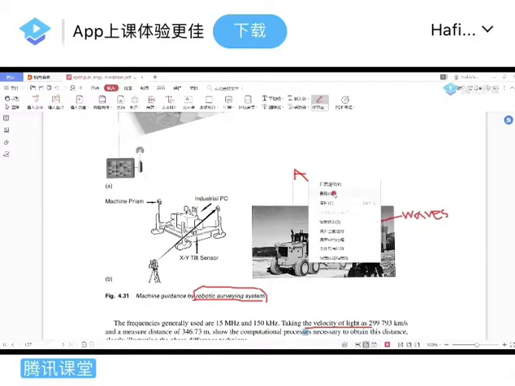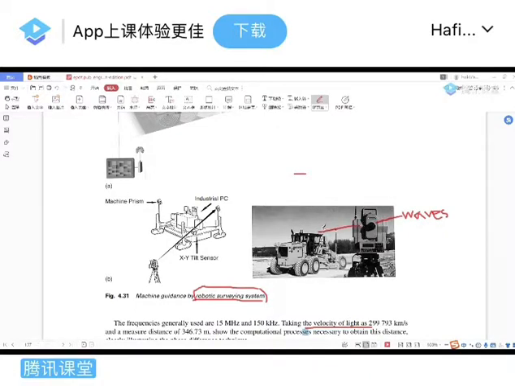Let's say I emit a wave and it touches the Prism installed on the target, then bounces back. Then you calculate the time it spends traveling, and also the speed. Then you get the whole distance traveled, and divide by 2, then you get the distance.